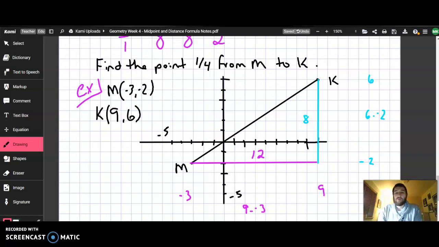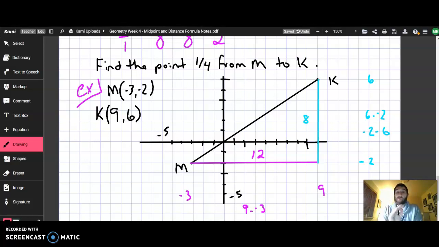Now, you guys may be thinking, hold up, what if we did the subtraction in the other order? And you absolutely can. You might have written -2 minus 6, but I want to pay close attention here to what I've been saying, which is distance. Distance doesn't care about direction. It's always positive.